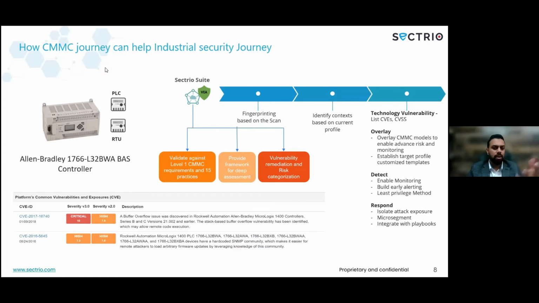Security leaders who are concerned about these devices exposing information about the infrastructure network can use this early alert monitoring and enhance least privilege or zero trust based frameworks.